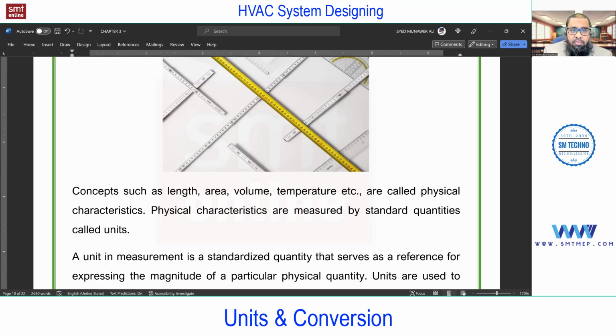First of all, we'll try to understand the importance of this. The first point is: concepts such as length, area, volume are called physical characteristics, and physical characteristics are measured by a standard quantity called units.